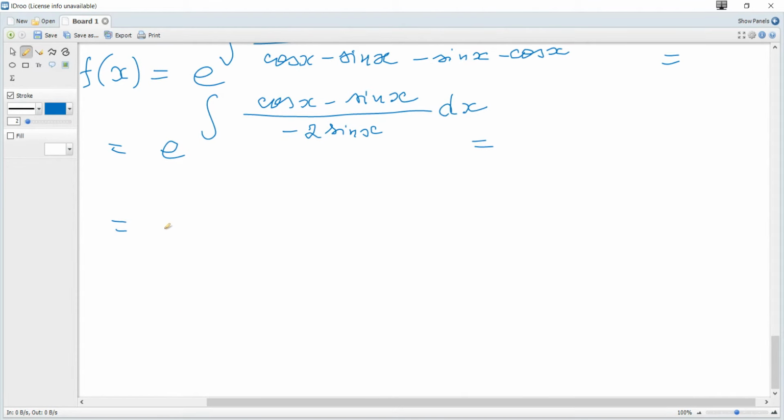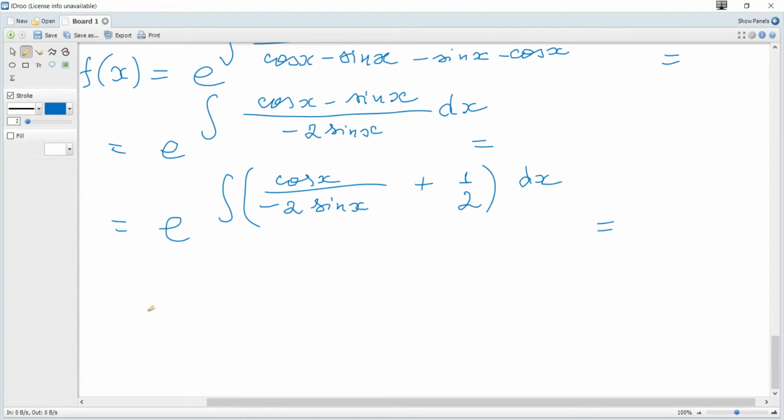Definitely we can split it into two fractions, so it becomes cosine divided by negative 2 sine, and we can consider separately two integrals, and minus minus, so plus a half, just a half, dx. And it becomes e, we can factor out a half, so minus a half integral of cosine x dx over sine.